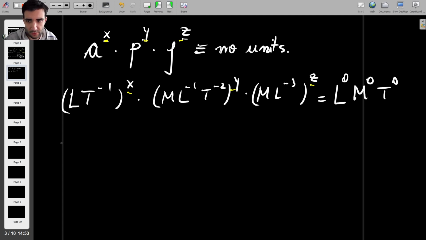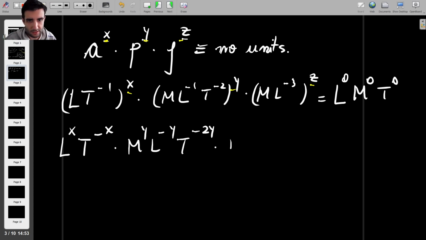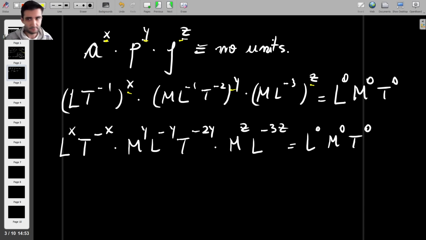So I'm going to expand all the brackets as follows. The first bracket is going to be L to the x, t to the minus x, times m to the y, L to the minus y, and t to the minus 2y, times m to the z and L to the minus 3z, and that's equal to L to the 0, m to the 0, t to the 0.